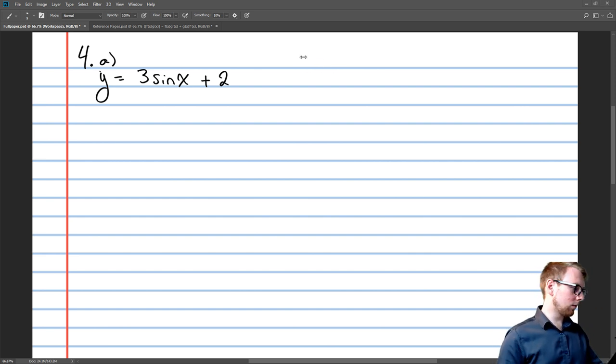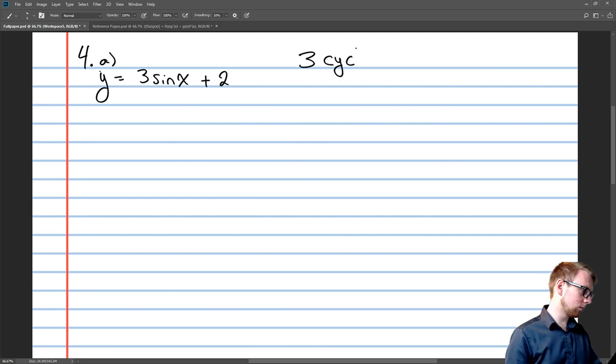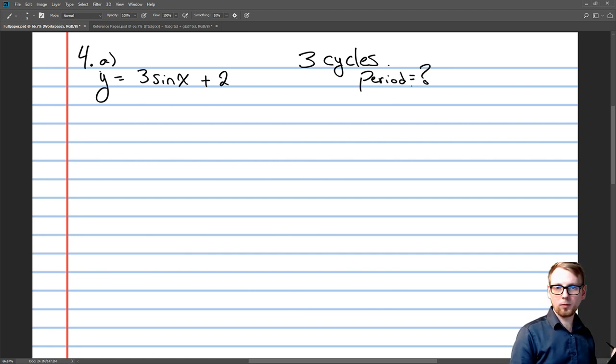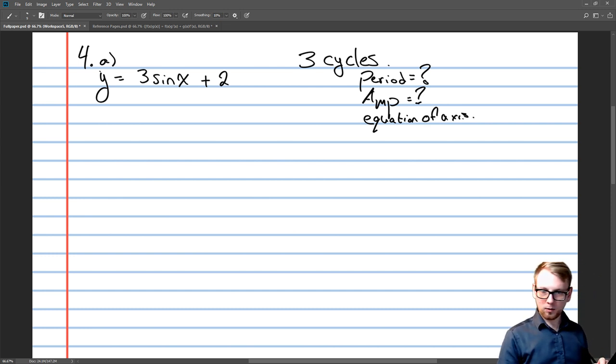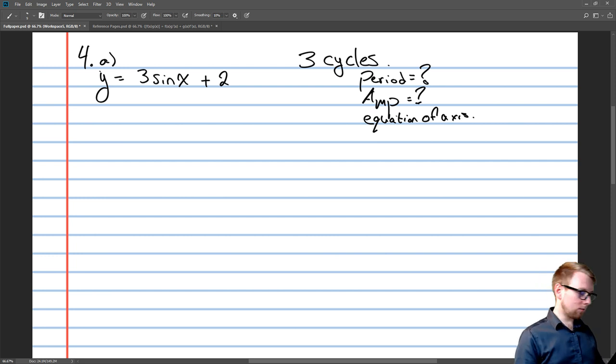Three cycles. We need the period, amplitude, equation of the axis, domain, and range.